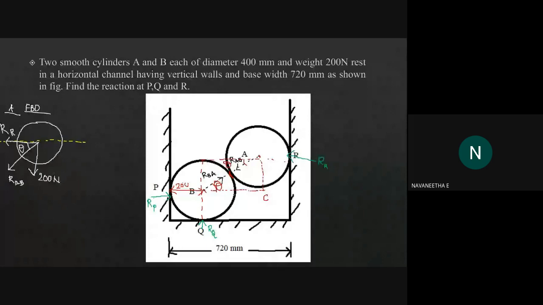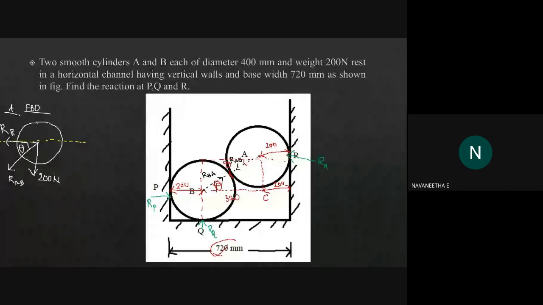And considering from A to R, the length is also 200, the same diameter. So from C to the right vertical wall, the distance is always 200. What is the value of BC? The entire width of the channel is 720. Then BC is 720 minus 400, that is 320. So BC equals 320.